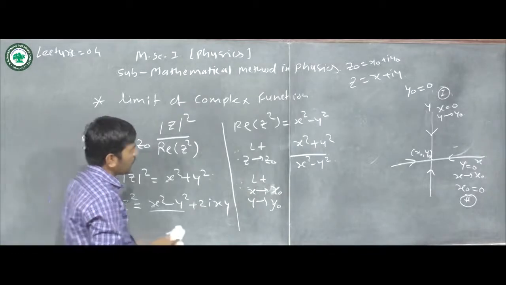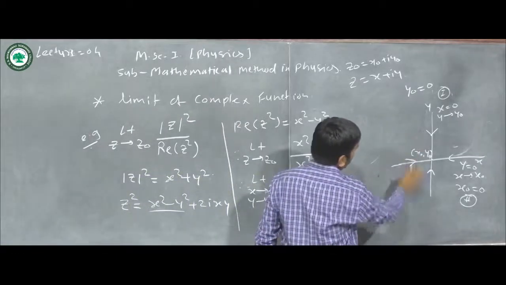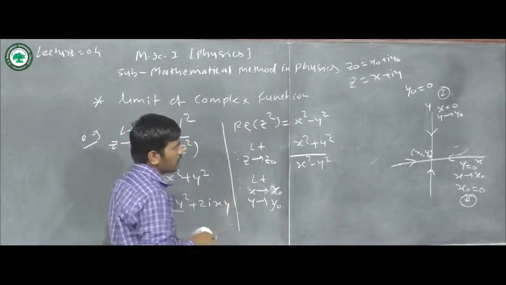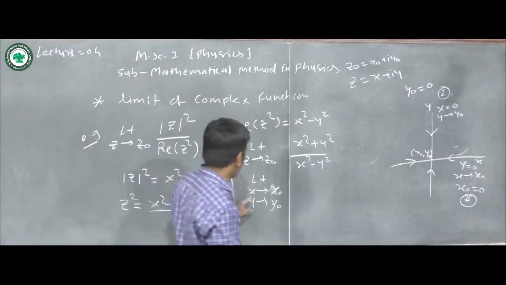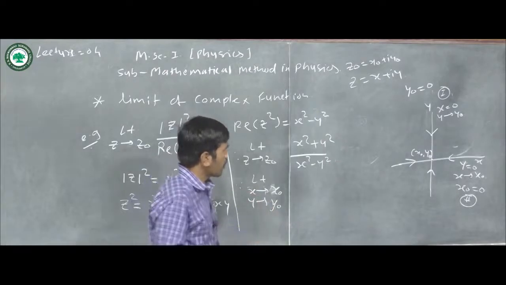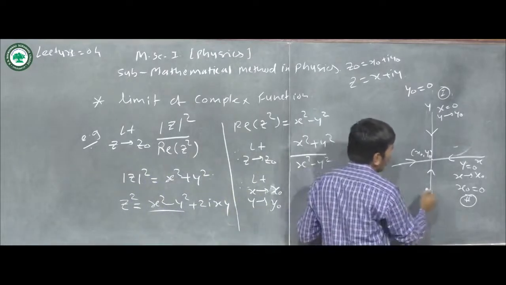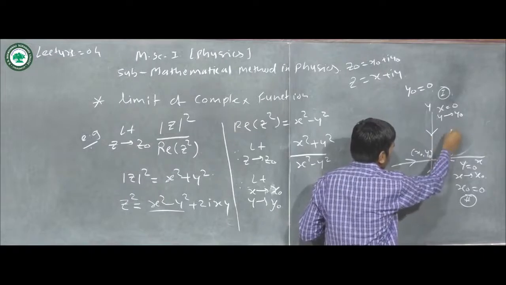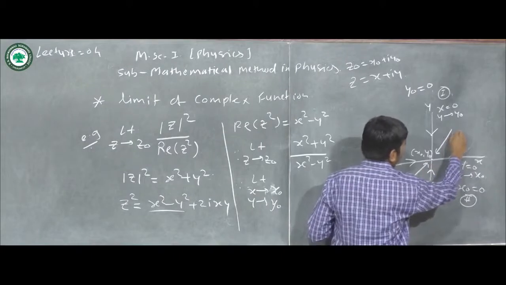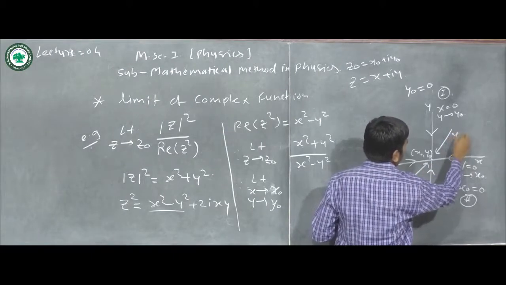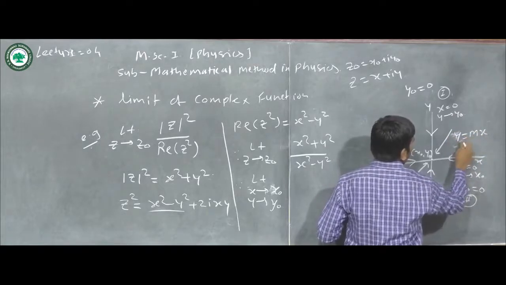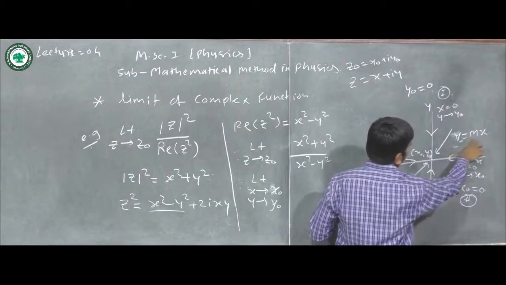So these are the two cases, or two ways, of approaching 0. Another one: if I consider x approaching x naught and y approaching y naught, then we know for lines it can approach in this way also: y is equal to m into x.